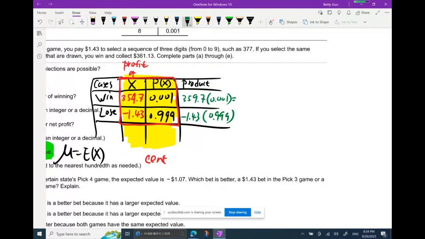Actually, we don't have to use a calculator. Just move the decimal point to the left 3 times. 0.3597. And this one is negative 1.43 times 0.999.